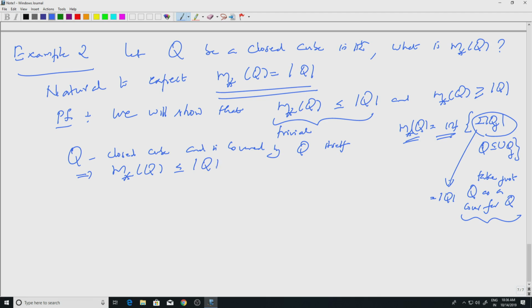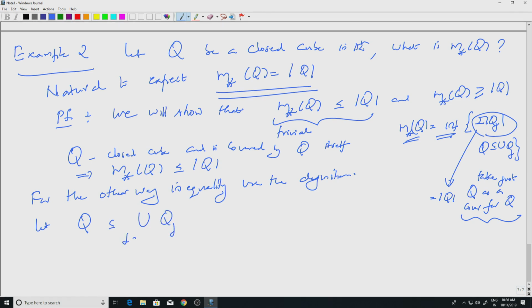We want to show the other inequality so that they are equal. For that we use the definition. How do we use the definition? Let Q be contained in the union of Qj, j equal to 1 to infinity.